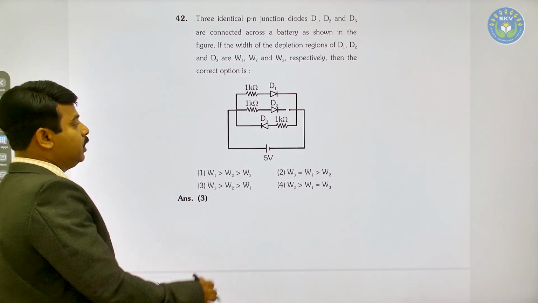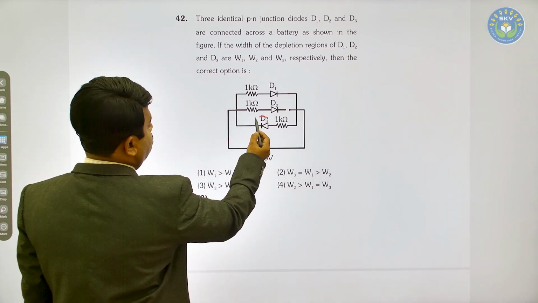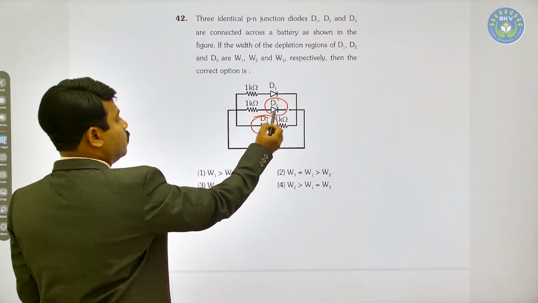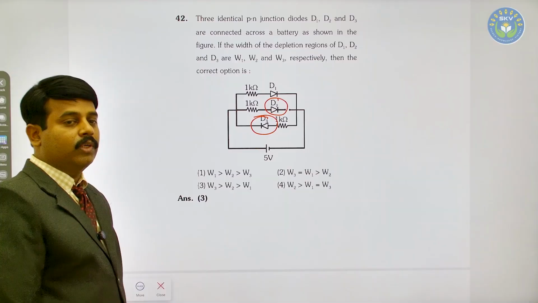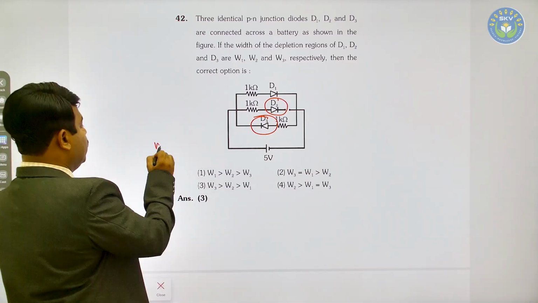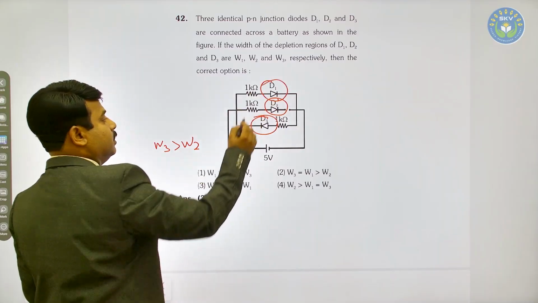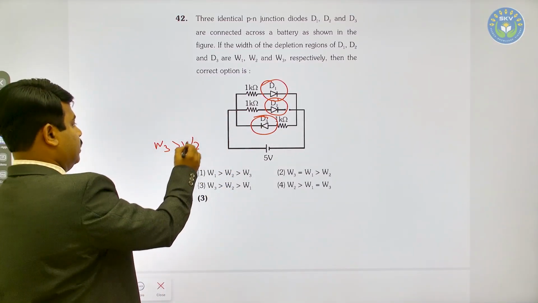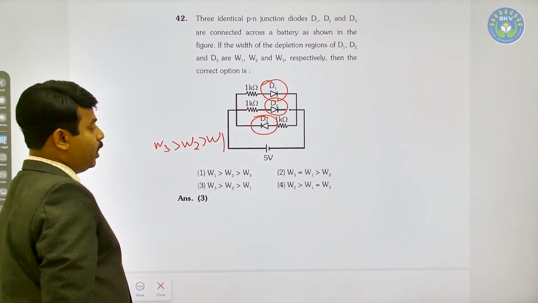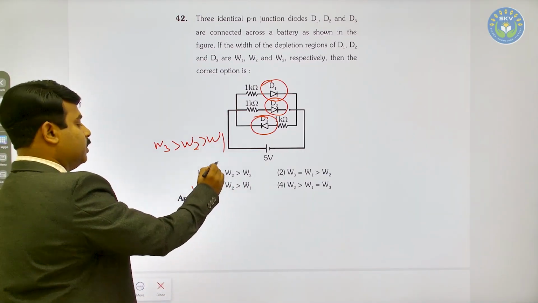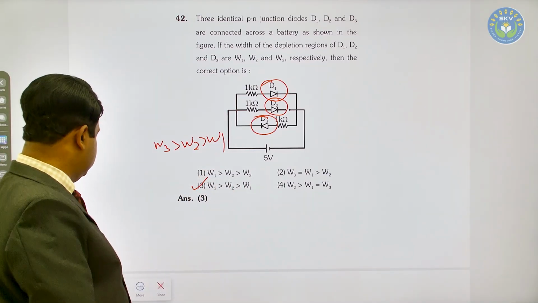Then W3 will be maximum first, and the non-connected diode also is an open circuit. Then next is that W3 is greater than W2. This one is forward biased, so the depletion region is very small, then W1. So W3 greater than W2 greater than W1. Option 3 is correct. Right?